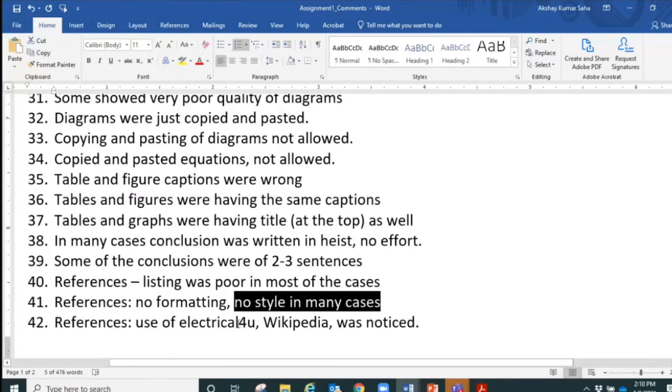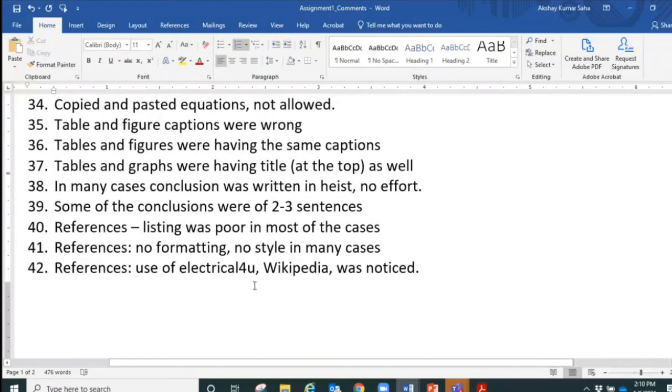And then the most unfortunate thing, which I probably told you many times from first year, if you remember: there was Electrical4U, Wikipedia. If you want to work using something like Wikipedia and Electrical4U, I don't think we need to spend so much money and do all this hard work to come to a university.